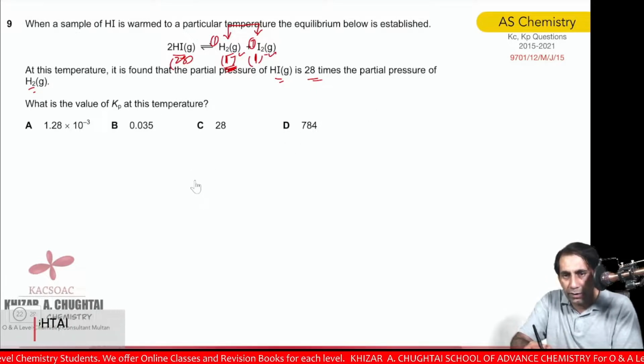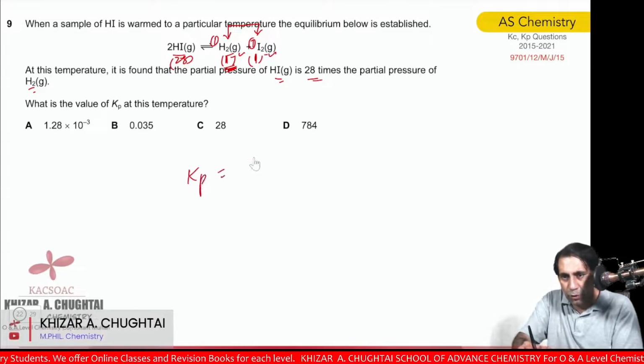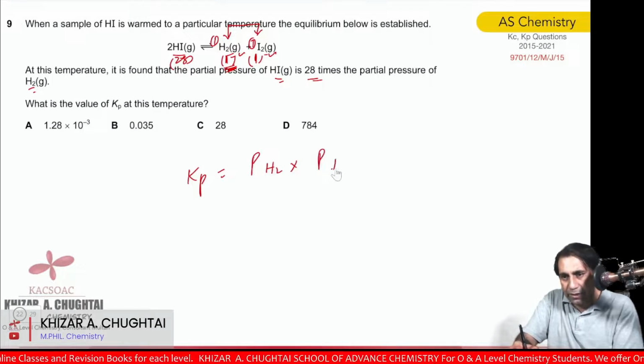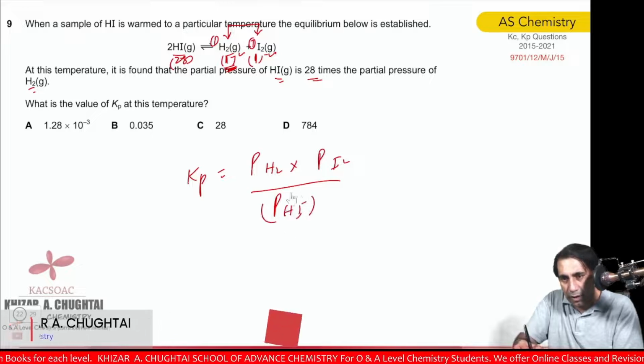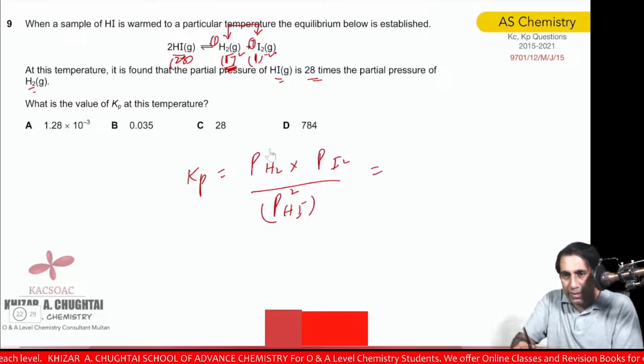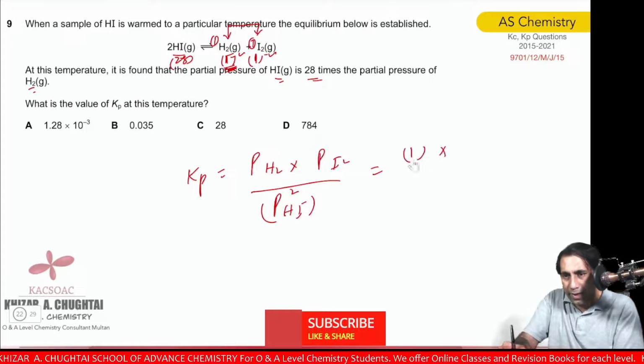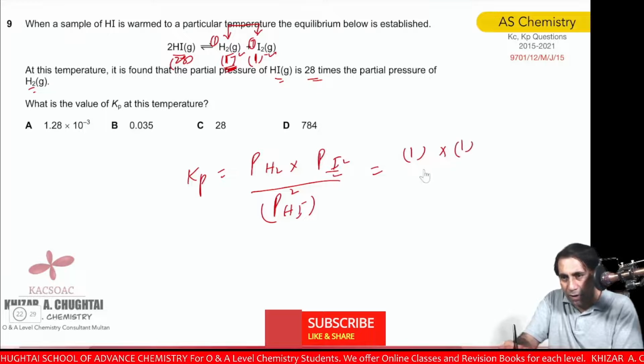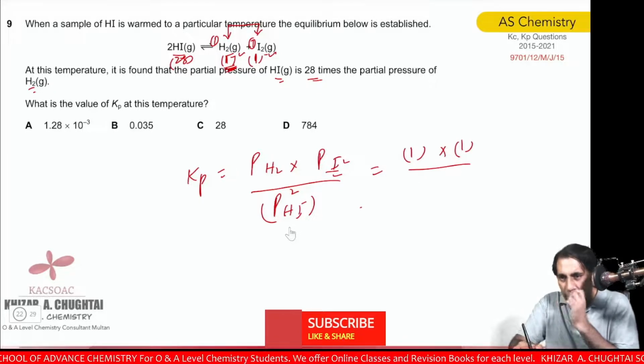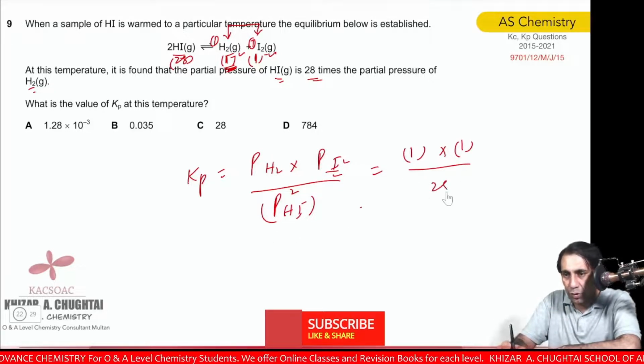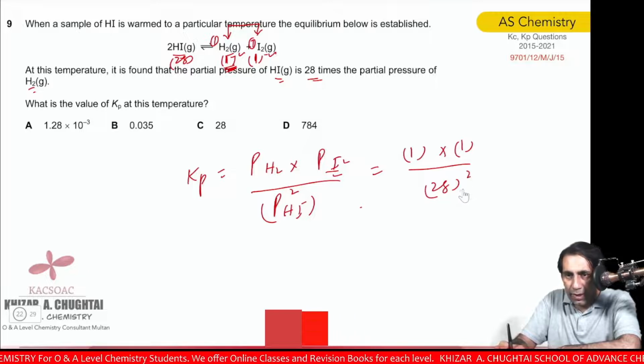I am going to write the expression of Kp. Kp is equal to the partial pressure of H2 multiplied by the partial pressure of I2 divided by the partial pressure of HI raised to power 2. So it's equal to 1, again for iodine the number is the same, 1, divided by the partial pressure of HI, that is 28, 28 raised to power 2.